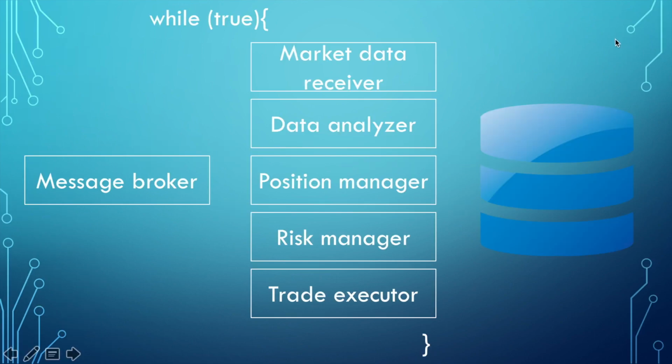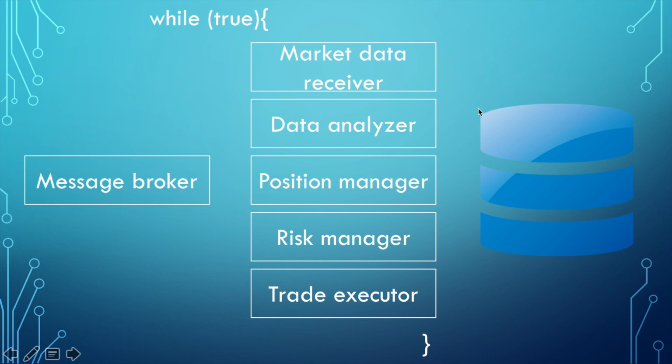In general, trading bot architecture has three major components: message broker, the event loop, and database. The event loop actually is the most important one. Its layers or subcomponents interact with each other and with the external environment, like a database or exchange, through the message broker.